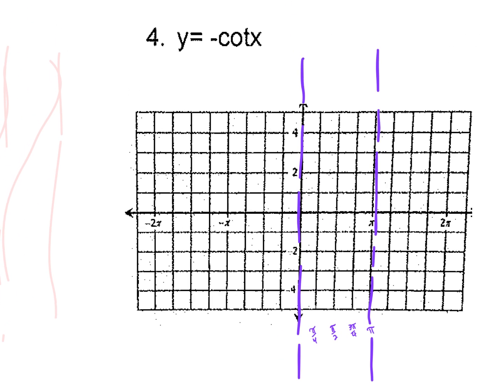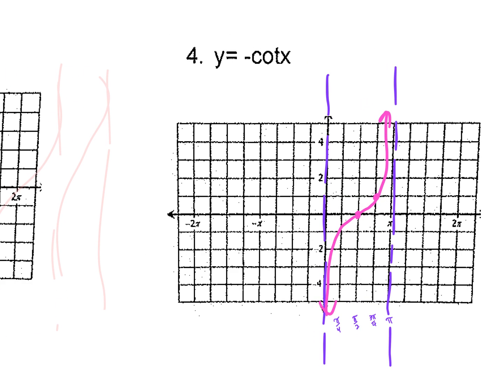And for a negative cotangent, we're still going to be here in the middle, but instead of going up to the left, we're going to go up to the right. And then let's go down to the left. Okay.